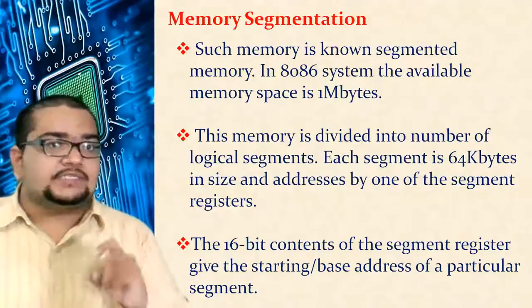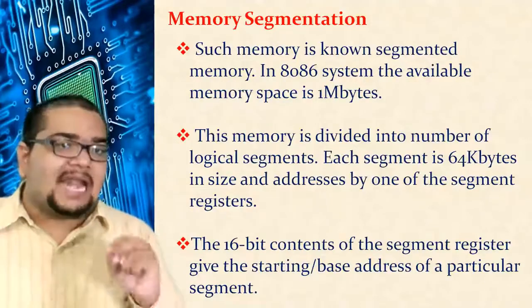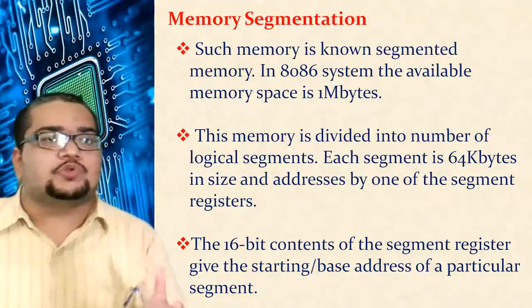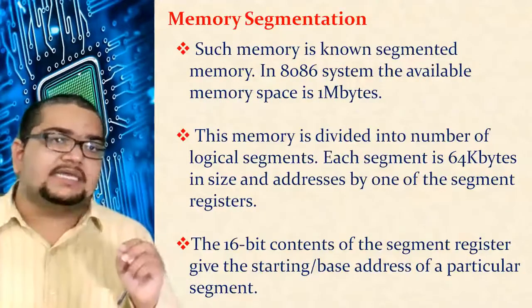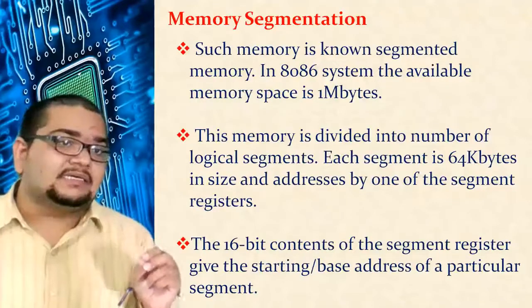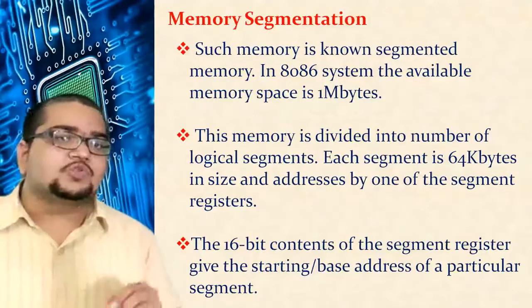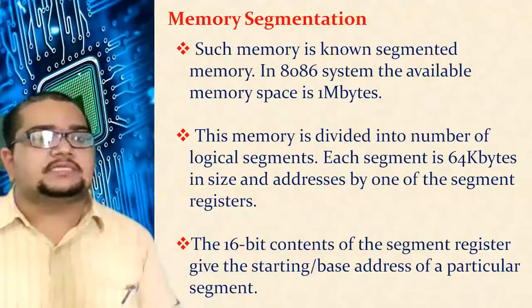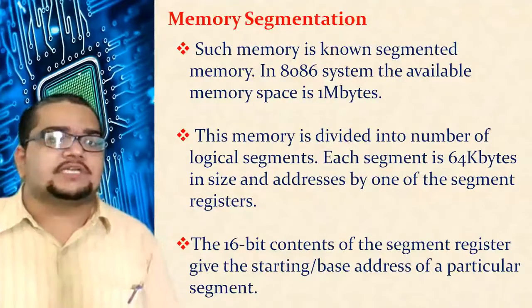It is true that it uses 256 kilobytes at a moment of time. But in a broader sense, when you want to use another area of the memory, you just need to change the segment address contained in the segment registers, either CS, DS, ES or SS. When you do that, you will be able to go to the next area of the memory and start storing your data or instructions there.